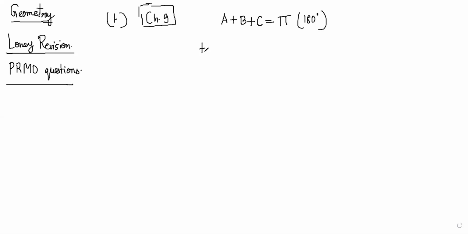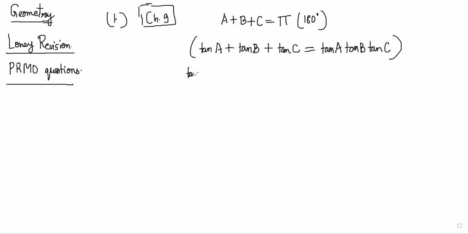One of them is tan A plus tan B plus tan C is equal to tan A tan B tan C. This we have proved earlier. For a triangle, this is always true.